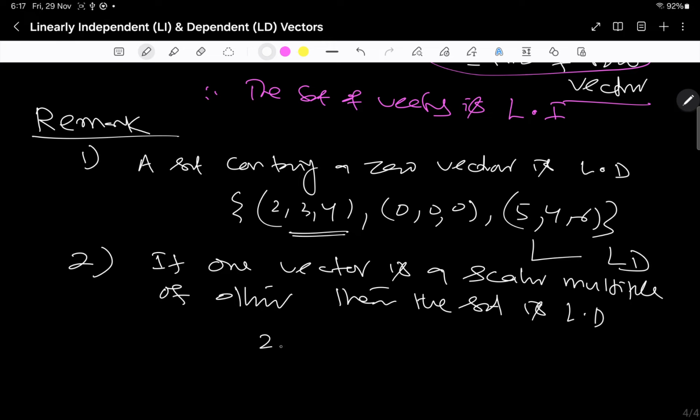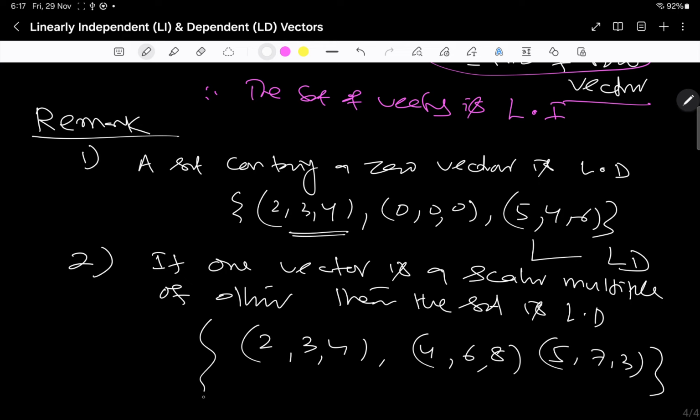Suppose I write 2 3 4, 4 6 8 and 5 7 3. What we see here is that this is a multiple of this, is it not? So this system has to be linearly dependent.